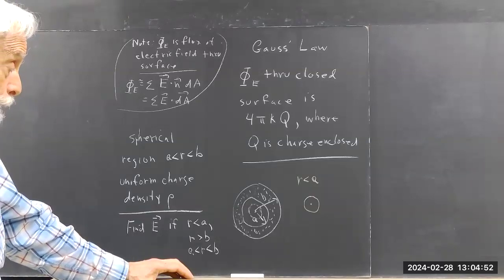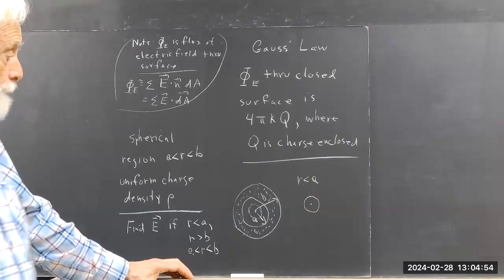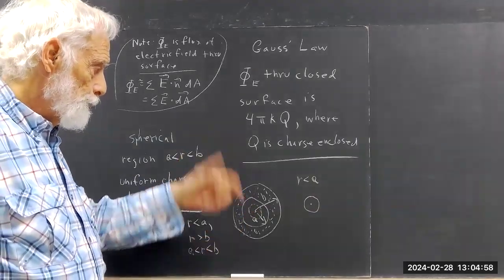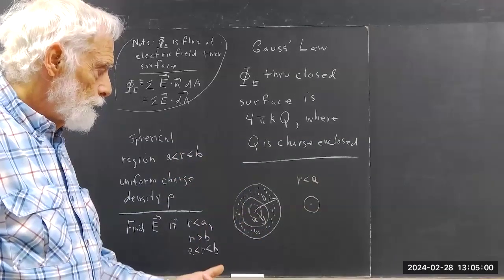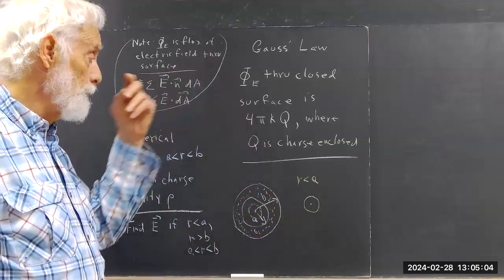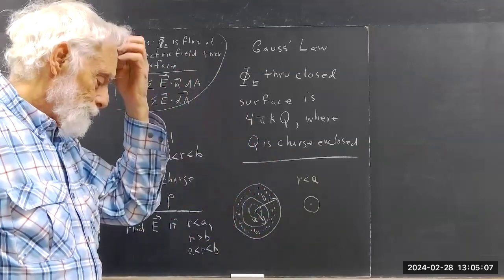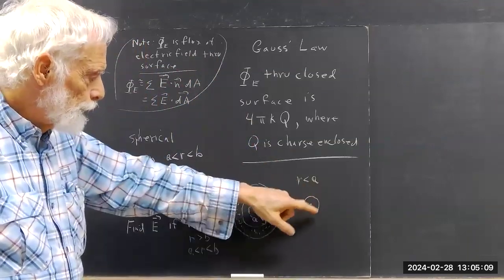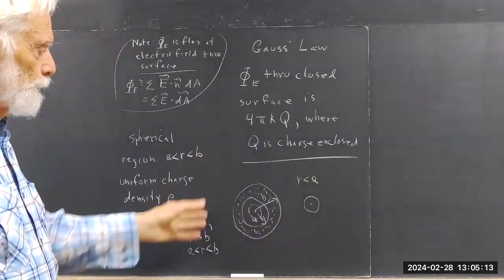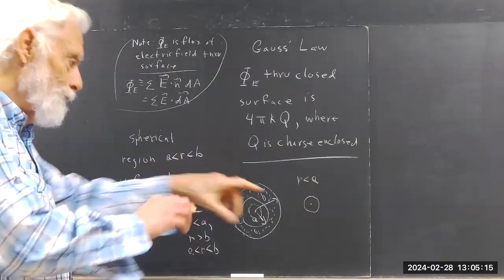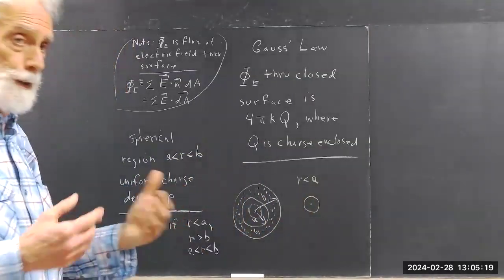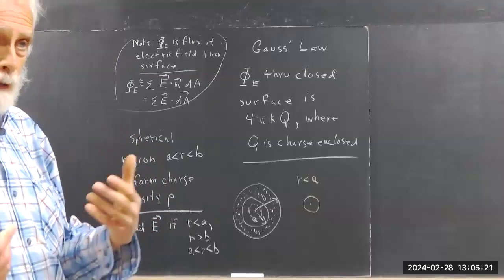So I've got this surface in here, center to center, and I want to know what the field is. Because of the symmetry, the field has to be uniform on this surface. If I rotate the whole system, or rotate this surface itself, it can't make a difference in the field.